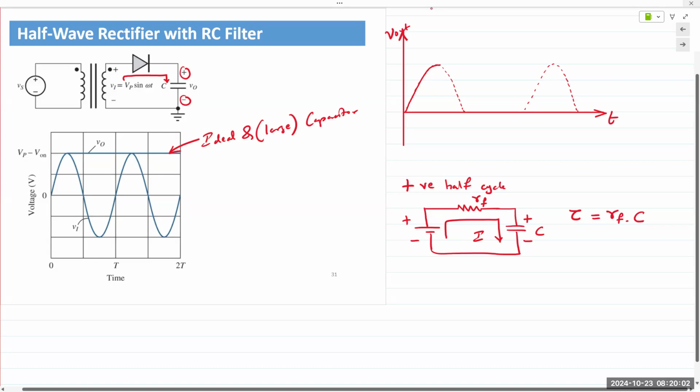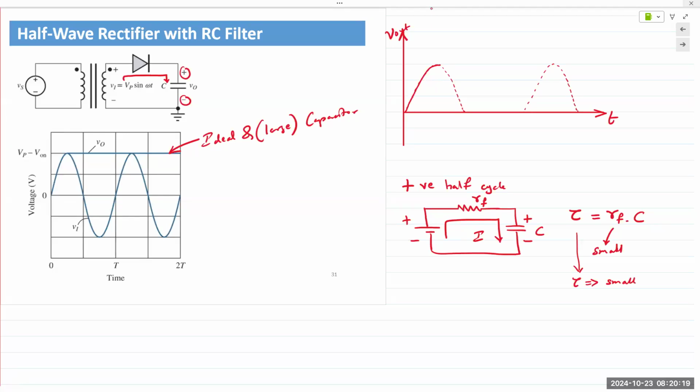Since that series resistance is very small compared to the rest of the circuit, total tau is also small, and the capacitor is able to reach full charge at the top of the peak right here.